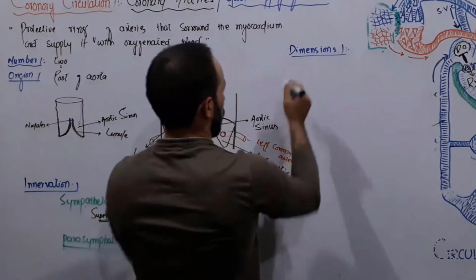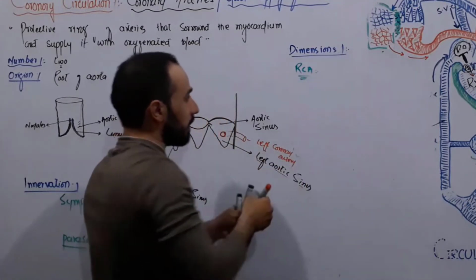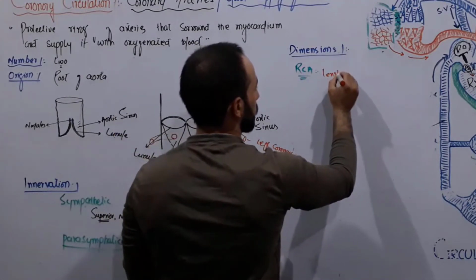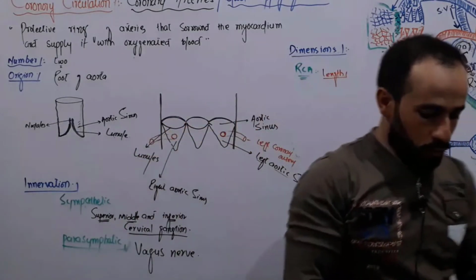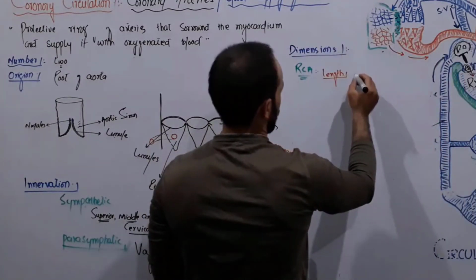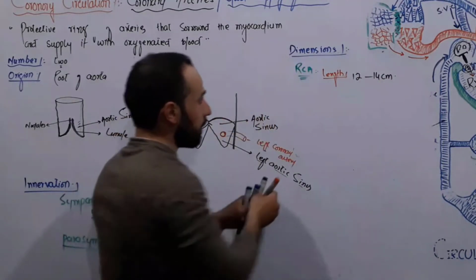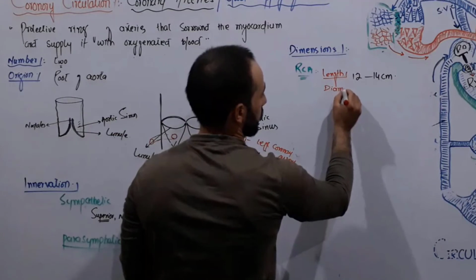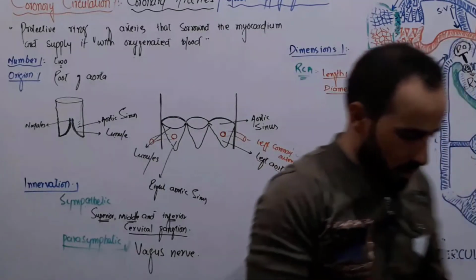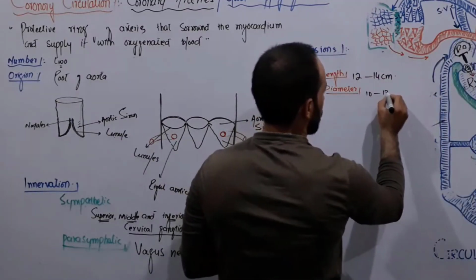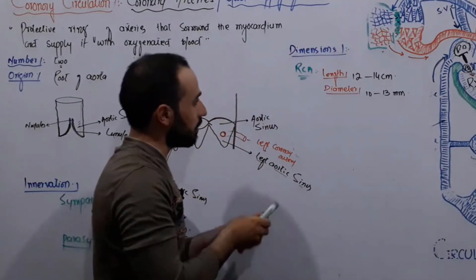About the right coronary artery, RCA, its length is about 12 to 14 centimeters. And its diameter is from 10 to 13 millimeters. Clear? From 10 to 13 millimeters.